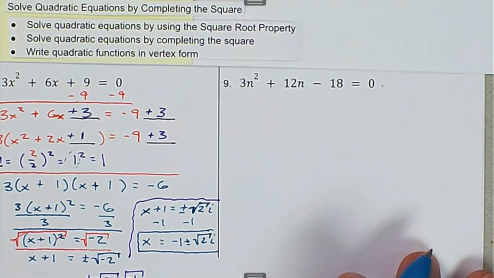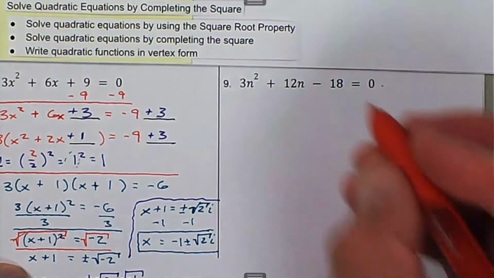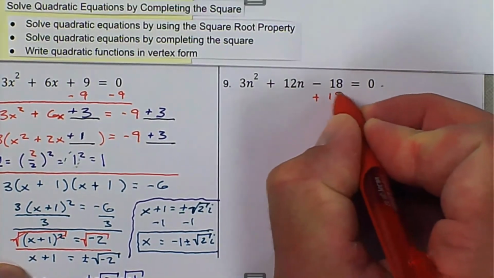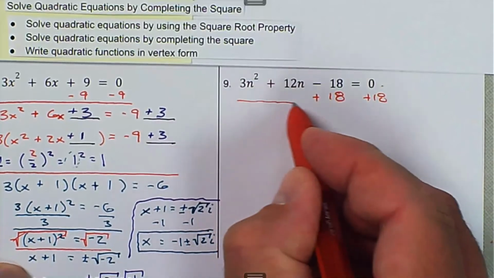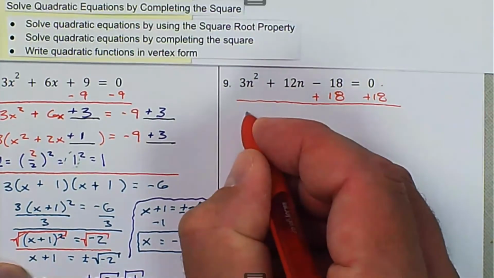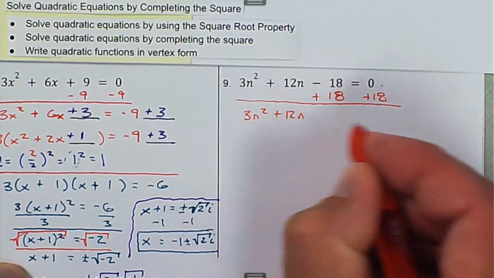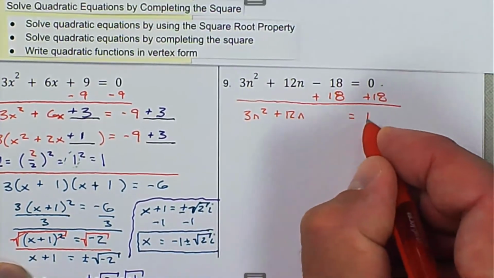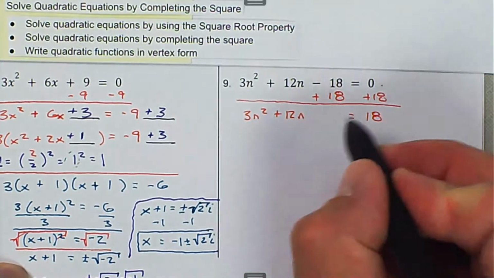We have another example, example 9. Again, we want to get rid of our c value, so we're going to add 18 to both sides of the equation. Then we're going to get 3n squared plus 12n plus some c value is equal to 18 plus whatever that c value is going to be.